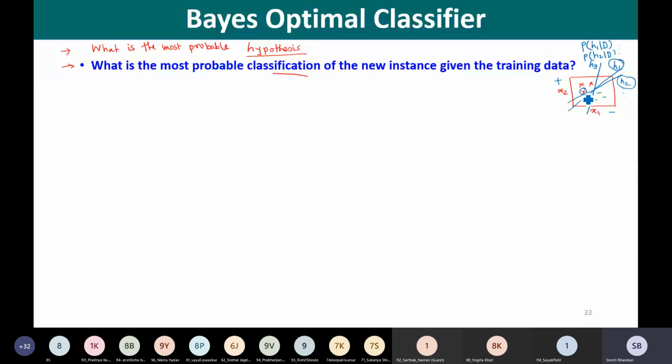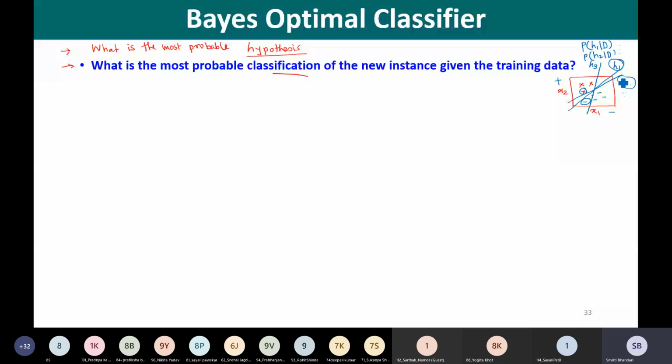But now, let us assume that we want to classify this particular instance. Now, if I want to classify this instance, what will happen? If I select this H1 hypothesis, then this instance will be classified as negative.